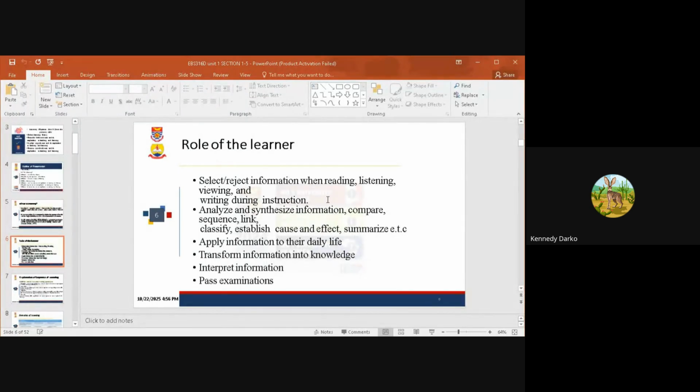Then you do a lot of transformation. So you transform information into knowledge. The information you are giving to the kids, you want them to have it. So that when someone sees the person, what is the person going to observe about the person? So here we are saying observable behavior.